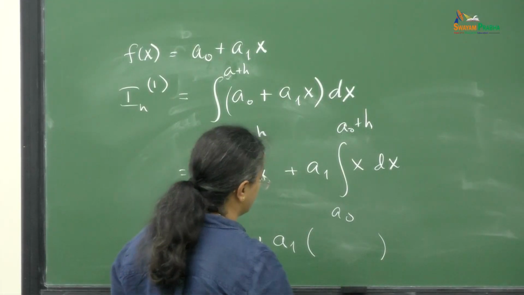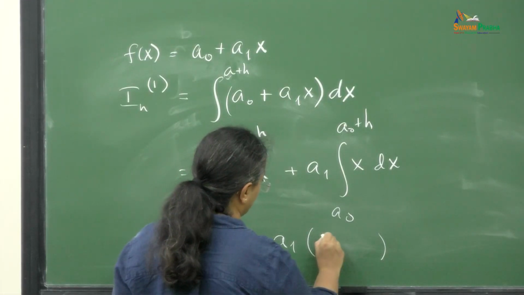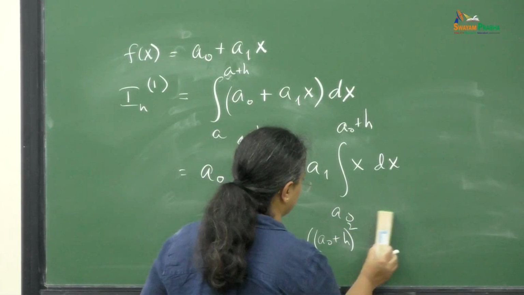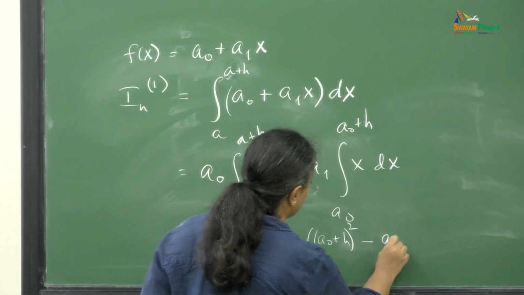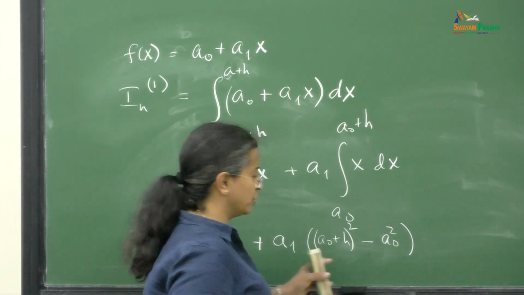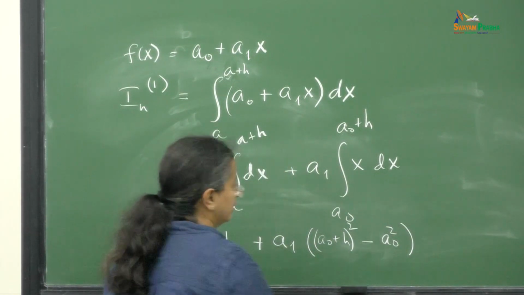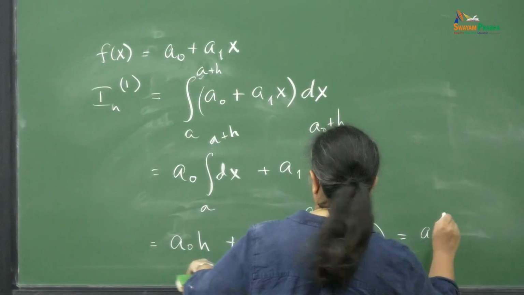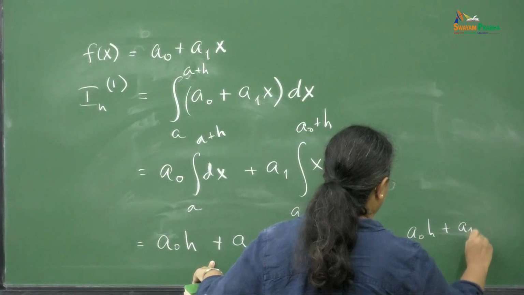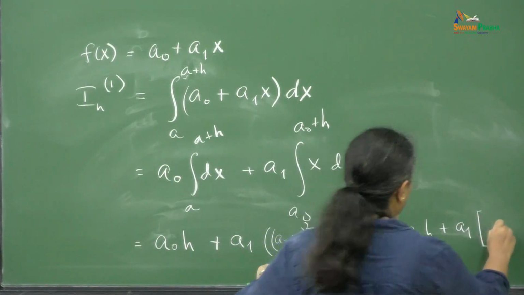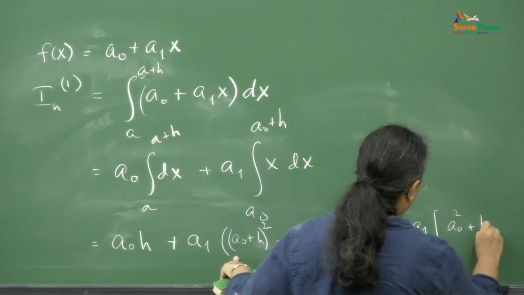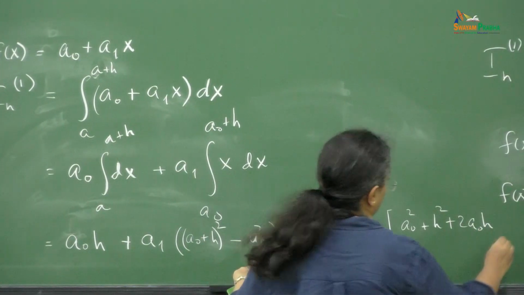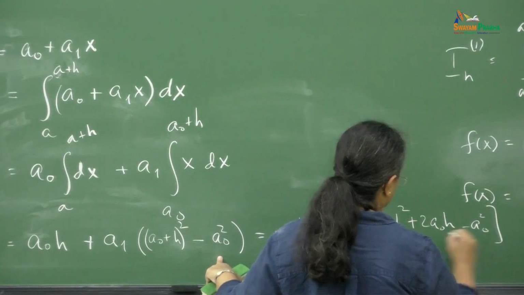So solve and tell me. What will you get? You will have a1 times the quantity a plus h squared minus a squared. Can you simplify? What will you get? This will be a0h plus a1 into a square plus h square plus 2ah minus a square, right.